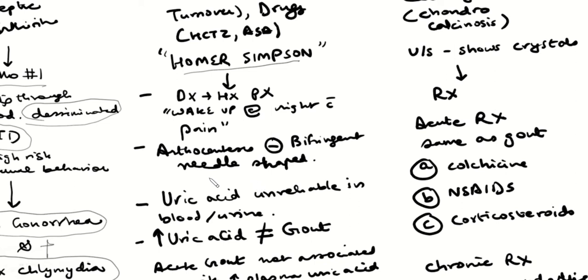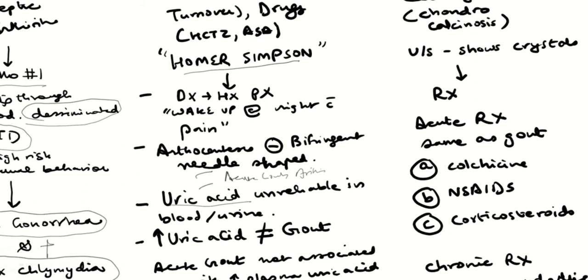Now, when they are coming in with acute gouty arthritis, does one need to draw uric acid levels? The answer is no. It is unreliable in acute episodes of gout or gouty arthritis. Uric acid is unreliable in blood and urine because it's depositing in the joints.